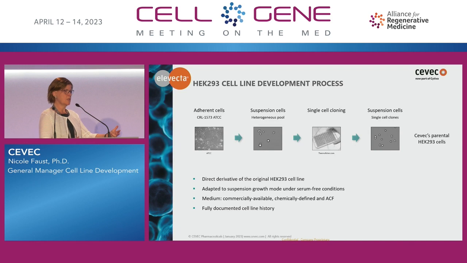We suspension adapted them to serum-free media in chemically defined media, single-cell cloned them, so there's now a nicely characterized single-cell clone growing in single-cell suspension. The cells have been fully documented and banked, and they serve as the basis for the EleVector HEK platform.